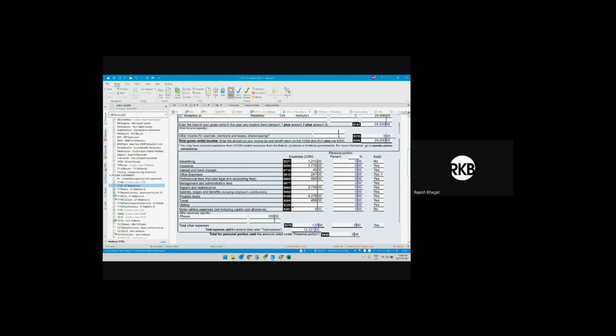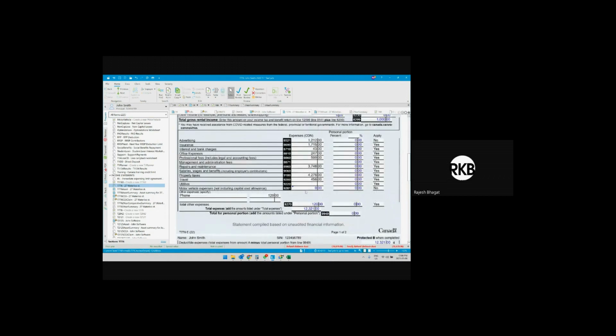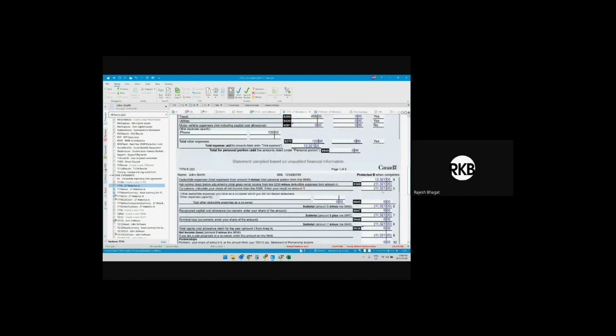For example, if he has a rental loss, so his gross rent is only 1,000, and he incurred expenses of $12,000, so he has a rental loss. If you look at his depreciation on line 9947, it became 0.